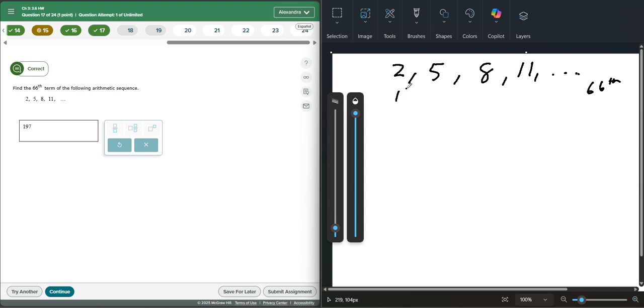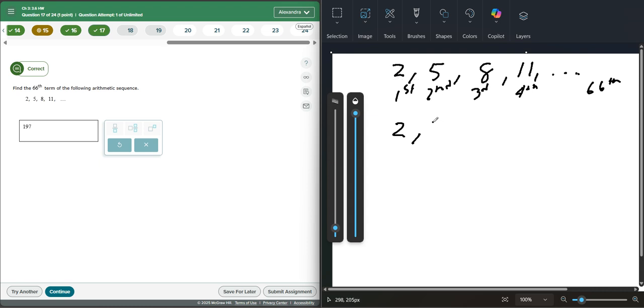Okay, so this is the first, second, third, fourth, and all the way to 66. Okay, so the first term is 2. The second term is 5. How do we go from 2 to 5? So we subtract. 5 minus 2 equals 3, right?